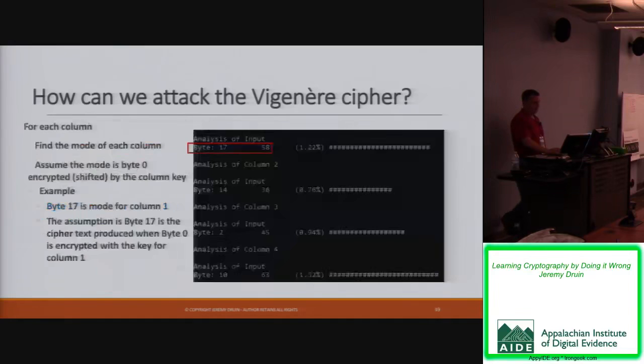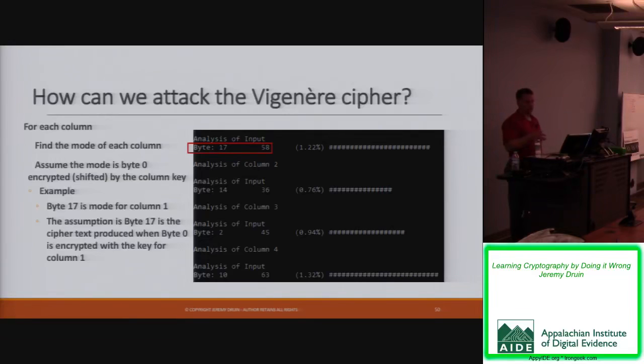So the way that we're going to do that is we're going to assume that the mode of the column of ciphertext is the number 0 encrypted, because byte 0 was the mode of the plaintext in cat pictures that were encrypted, right? So let's just say, for example, like we can see on screen here, byte 17 happens to be the mode of the very first column.